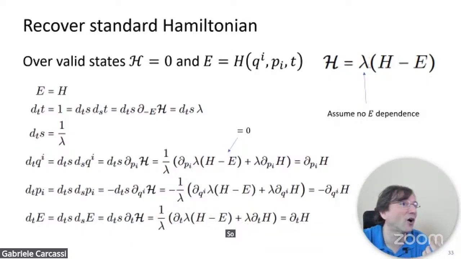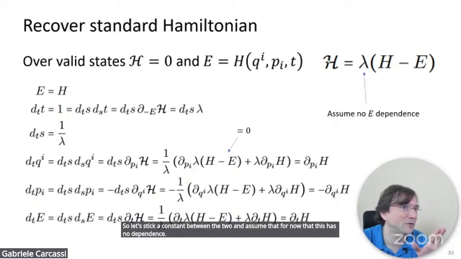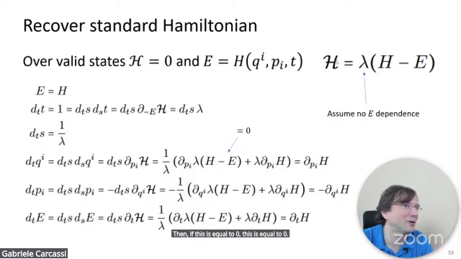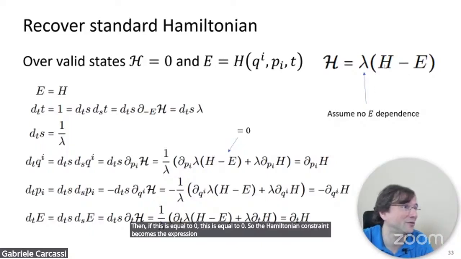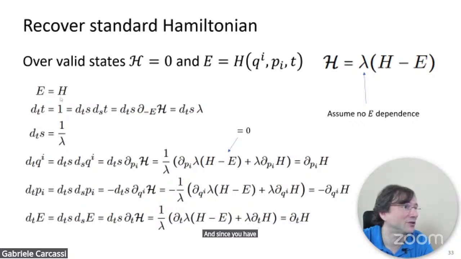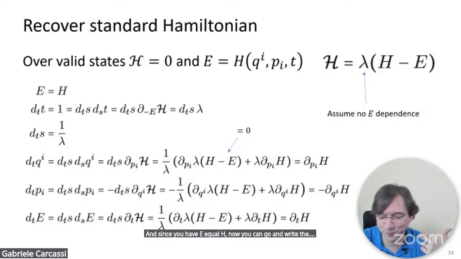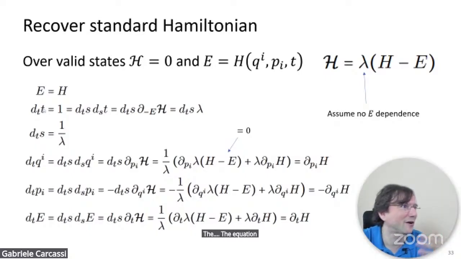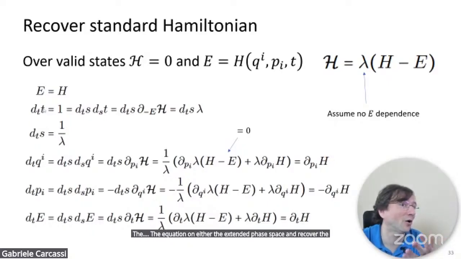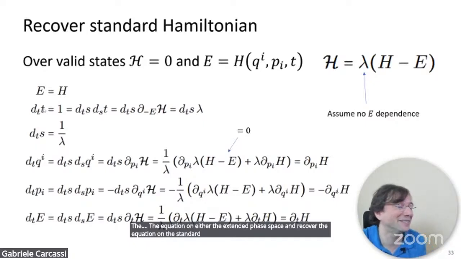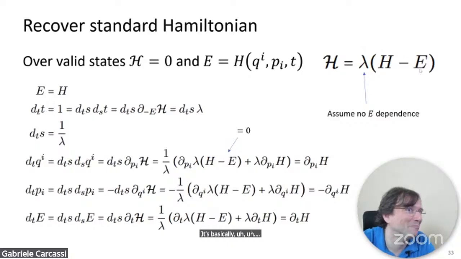So let's stick a constant between the two and assume for now that this has no dependence. Then if this is equal to 0, this is equal to 0. So the Hamiltonian constraint becomes the expression of the energy with respect to the Hamiltonian. And since you have E equal to H, now you can write the equation on the extended phase space and recover the equation on the standard phase space as part of this constraint.